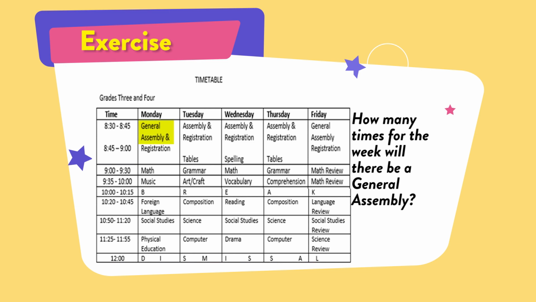On Monday, General Assembly. On Tuesday, is that General Assembly or just Assembly? It's just Assembly. So remember, we're looking for General Assembly. Thursday, no. On Friday, yes. So if you look, we have General Assembly on Monday and Friday. So we have General Assembly 2 times for the week.